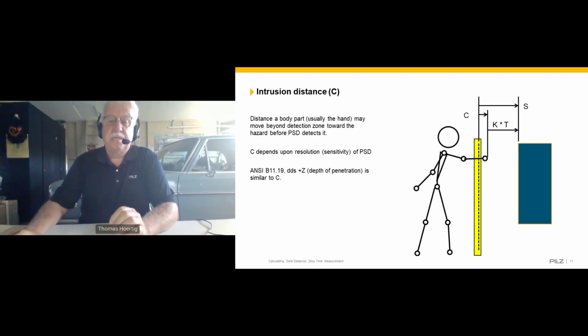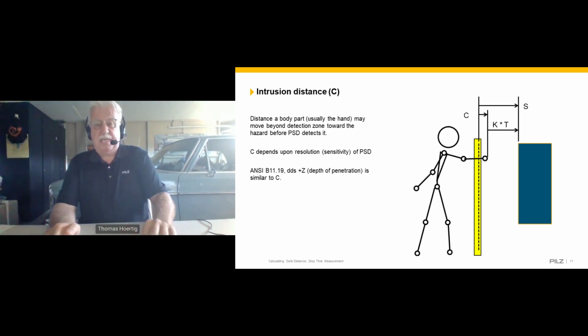So here you see the C, it's the possibility of reaching between two beams, or the spacing of two beams, until we can be detected by our presence sensing device. We also have formulas in NCP 1119, and what's called a depth penetration that's similar to that factor C.